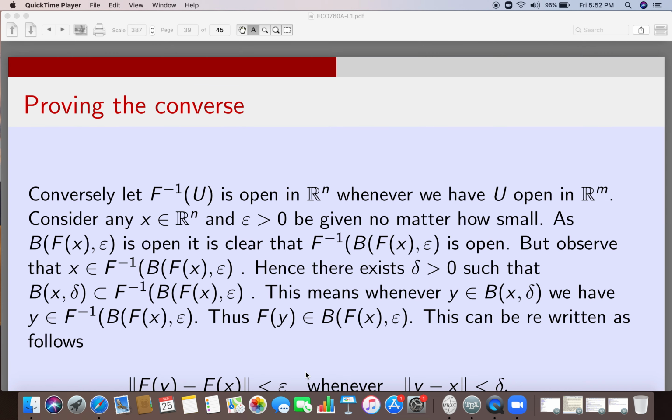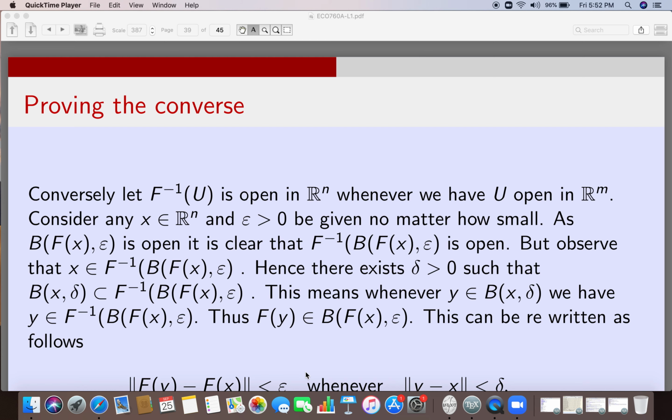Conversely, let us assume that F inverse U is open in R^n whenever U is open in R^m, and I have to prove the continuity of F. Now consider any x and take any epsilon greater than 0 no matter how small. I have to prove that F is continuous at x, so it is continuous over R^n because x is arbitrarily chosen.